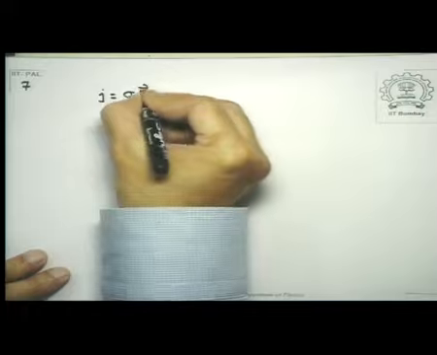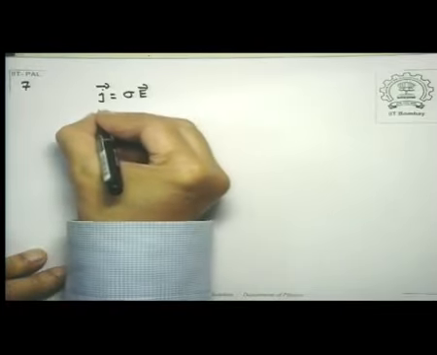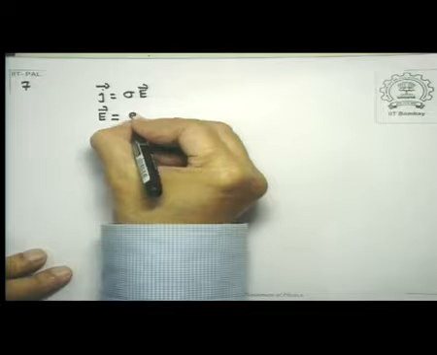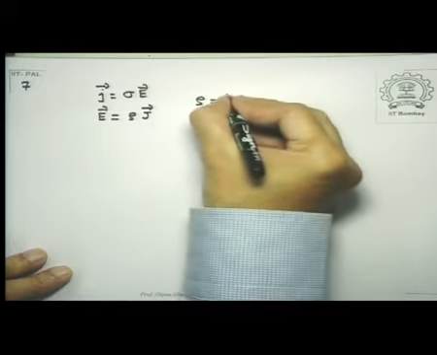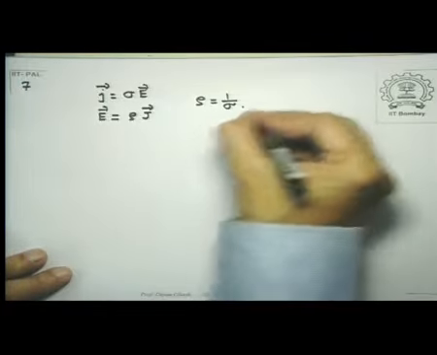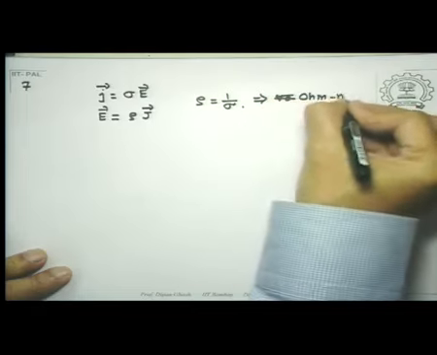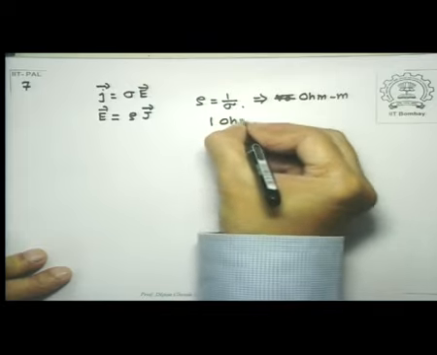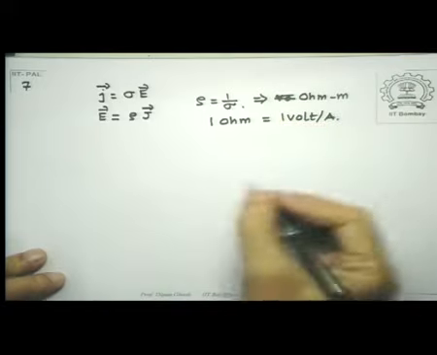Now normally this relationship J is equal to sigma E is written by writing the inverse relationship, namely E is equal to rho J, where clearly rho is nothing but 1 over sigma, and the unit of this is ohm meter. 1 ohm is the same as 1 volt per ampere and is also equal to Siemens inverse.